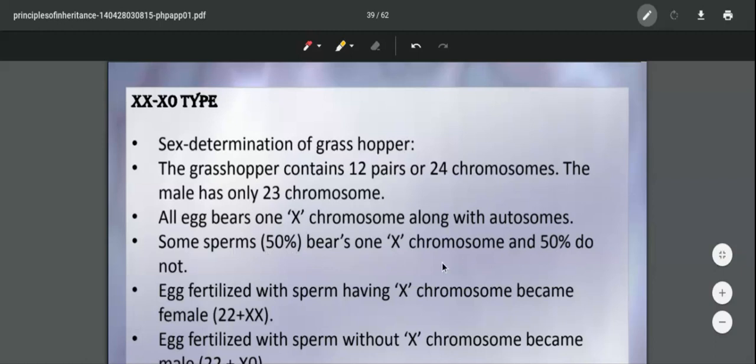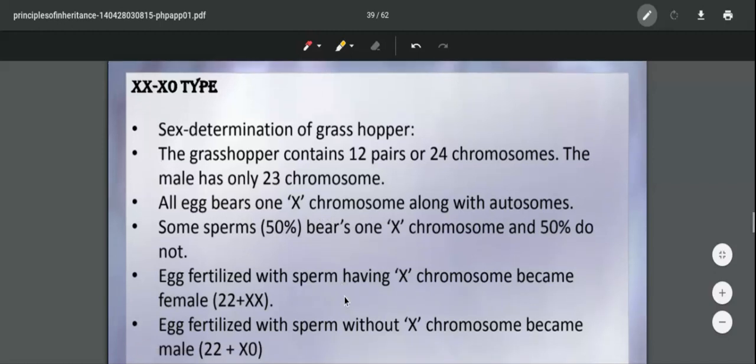So during spermatogenesis, 50% of the sperms produced will contain this X chromosome, and 50% do not contain the X chromosome. Whereas, as I said, the eggs will always contain the X chromosome. So all 100% of eggs produced will have the X chromosome.